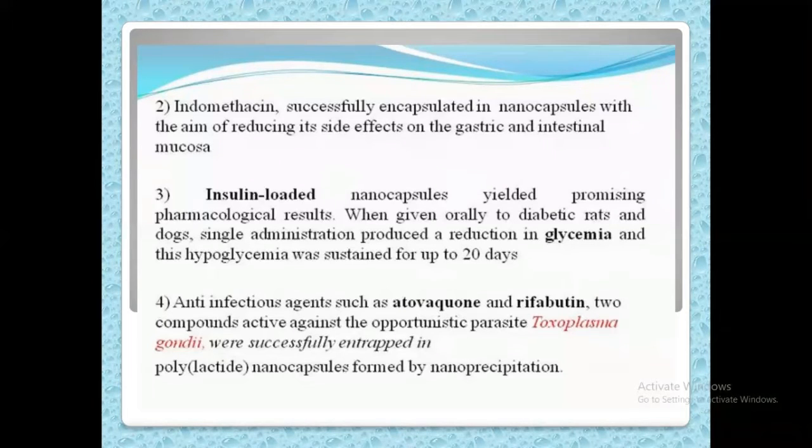So if it is directly given, side effects come. Instead, if indomethacin is encapsulated inside a nanocapsule, it will not affect the stomach. The nanocapsule will travel and reach the target, and once it reaches the target, it will release the indomethacin. So the side effects caused by indomethacin inside the stomach are avoided.